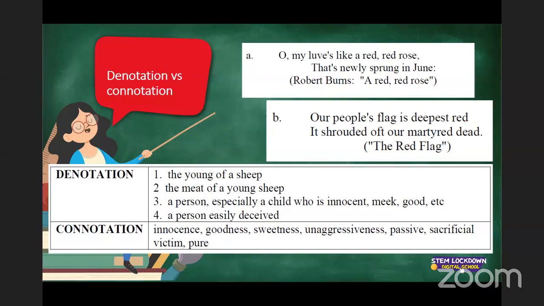Think about it: ideas, qualities, or references that are associated with the word in addition to its denotation. For example, connotation of water. We would say life, or we could connote water as growth or cleansing, or religious rites, if you think of baptism and all that.